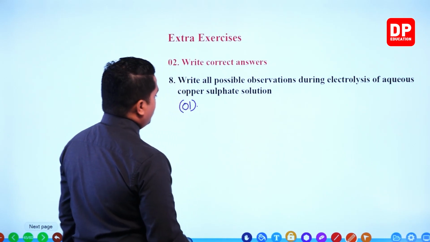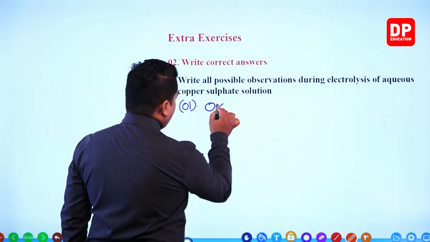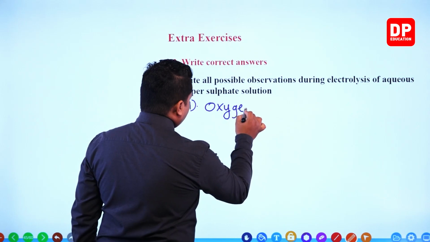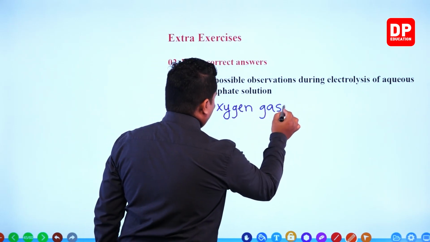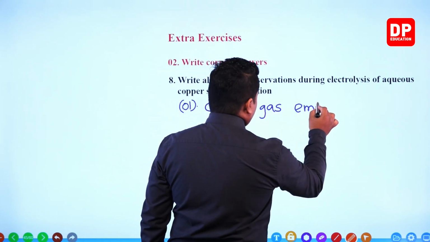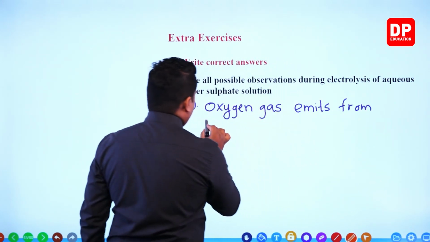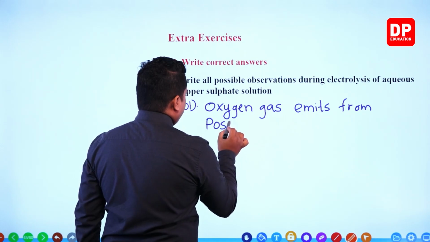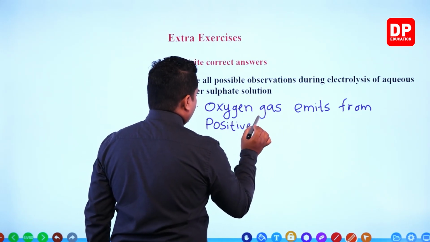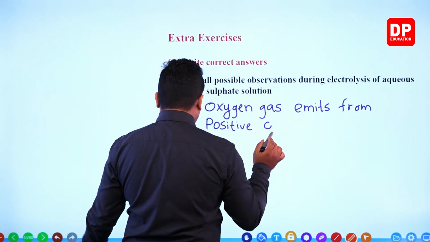So write all possible observations. Number 1, oxygen gas emits from positive terminal. Number one, first observation, right?